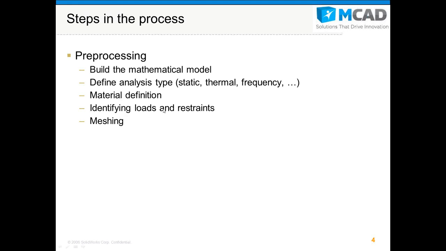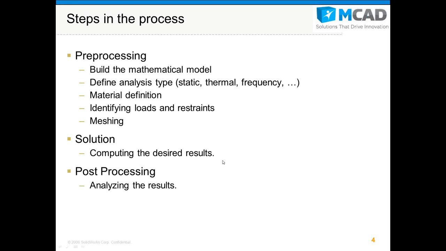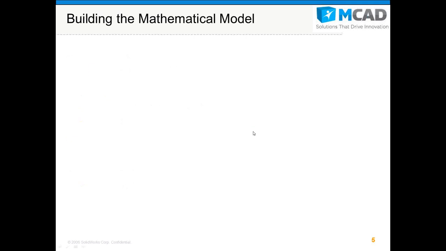And then identifying loads and restraints, and then a process we call meshing. After that, you run the analysis. There's not a whole lot that you can do after that. You just let it run. This can take some time. And then once the analysis is done, you would analyze those results through post-processing. And again, we're going to talk about all of this in a brief demonstration here at the end.